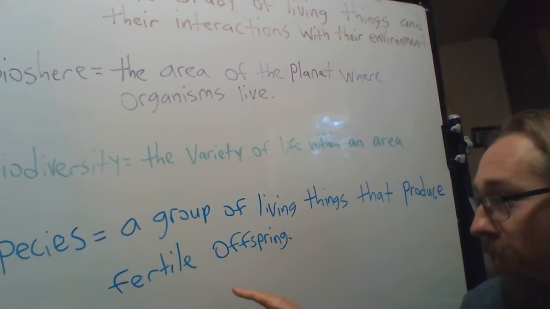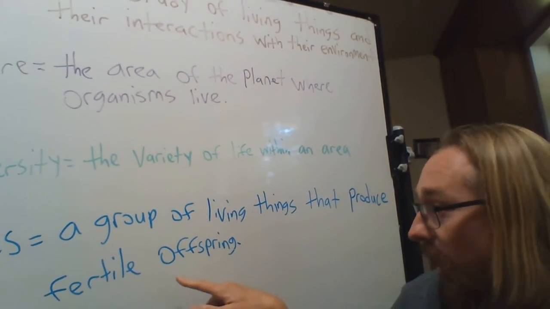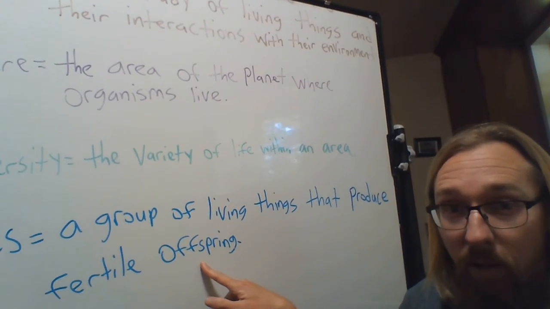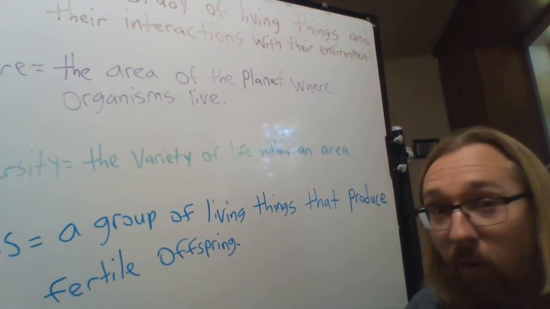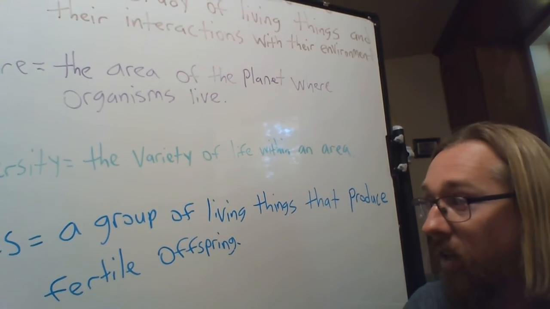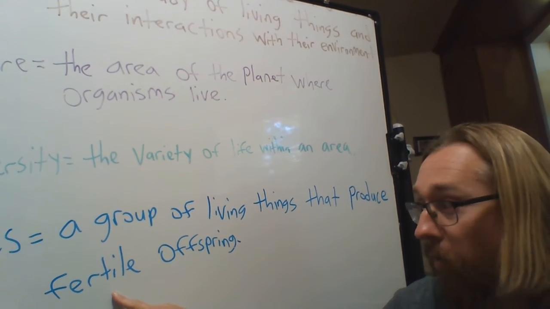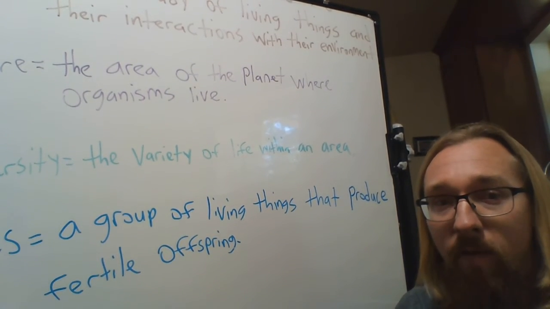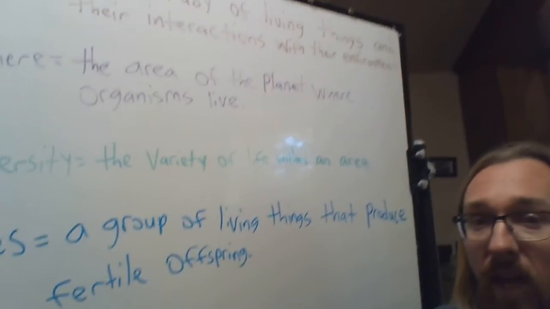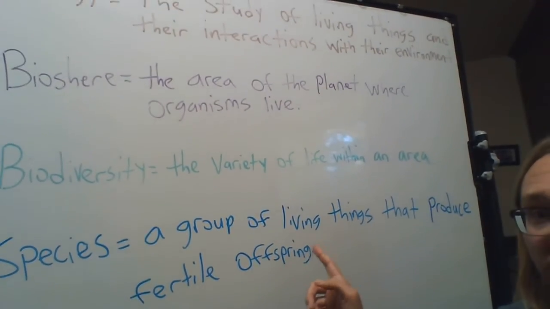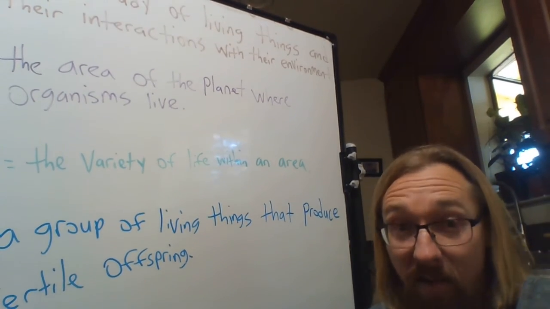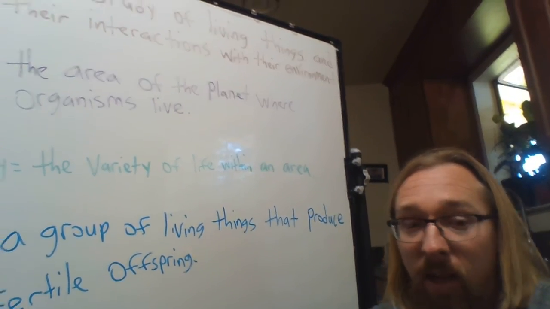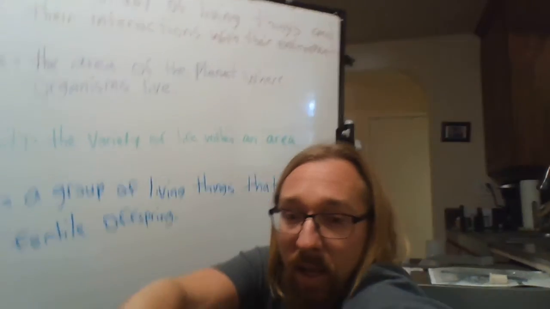What is meant by fertile offspring? That means that their babies, the offspring, will eventually be able to have other babies when they reach maturity. So fertile refers to the ability to have babies. A species is a group of related animals that when they have a baby, their babies can have babies. All right? So that's what a species is.